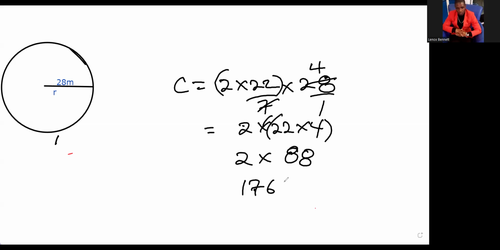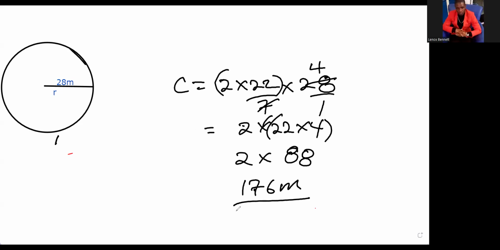That's it? Yes, sir. Something is missing. Who can tell me? Nikita, what is missing? The unit.